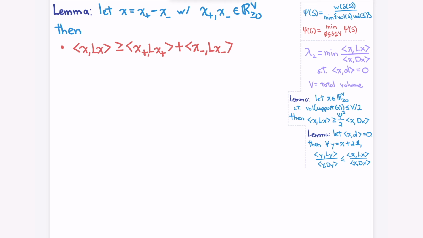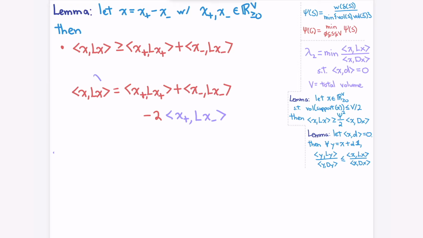So to this end, the first thing we can do is just write it out. Since x is equal to x plus minus x minus, things will just distribute out like this. And what we want to show is that the part that's underlined is negative, so that the whole negative 2 times that comes out positive.